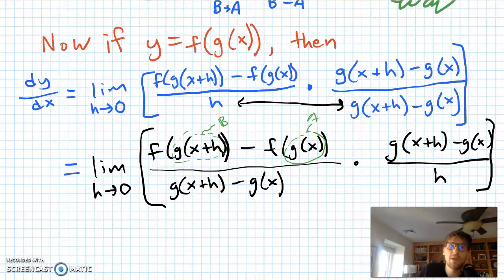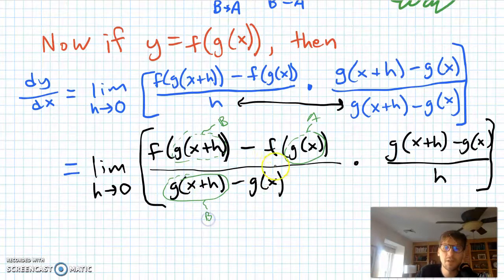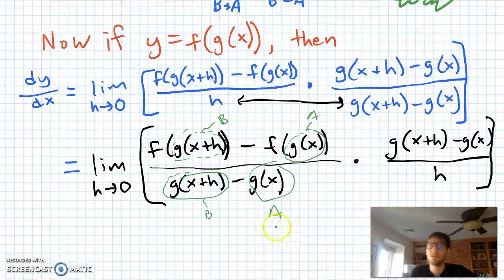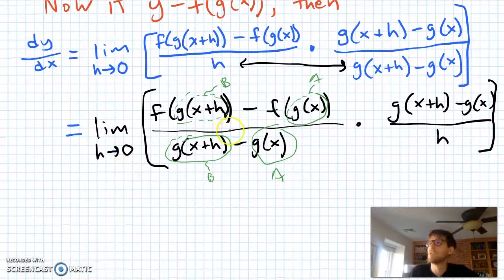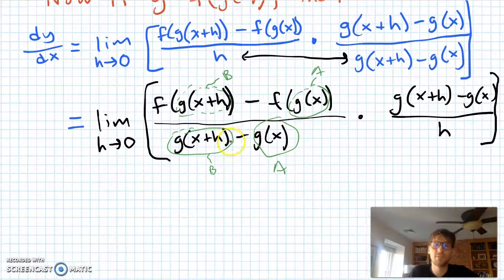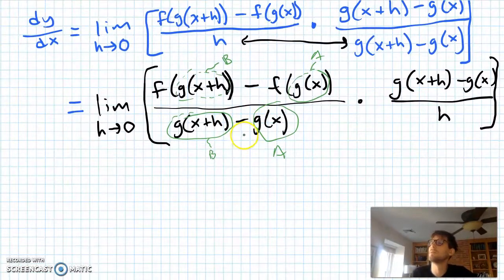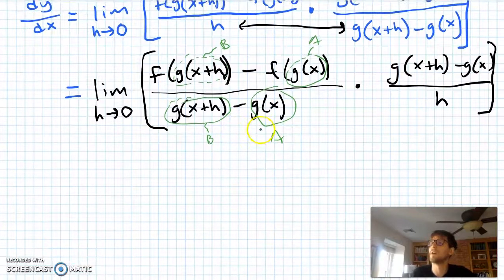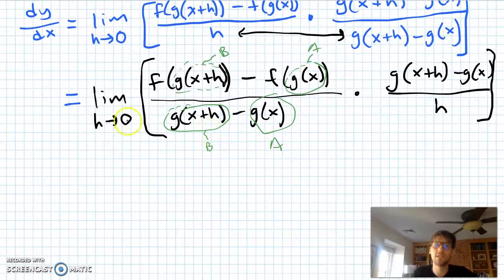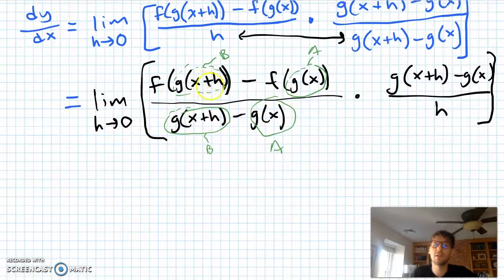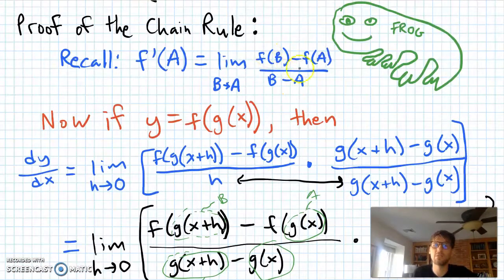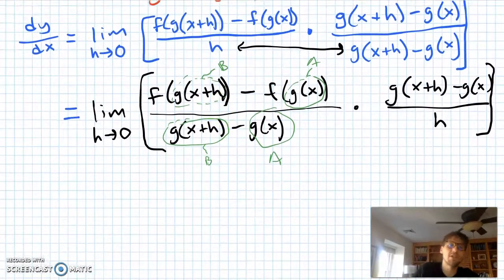If I again identify this as b and this as a, we can see that as h approaches 0, this left side is the same thing as h approaches 0 of b approaching a. And this b approaching a is the exact definition that we had written above.